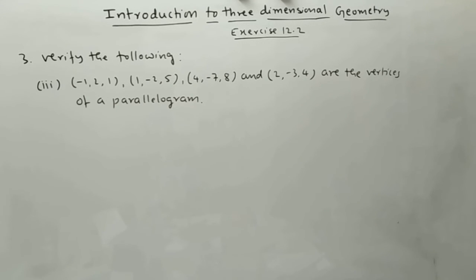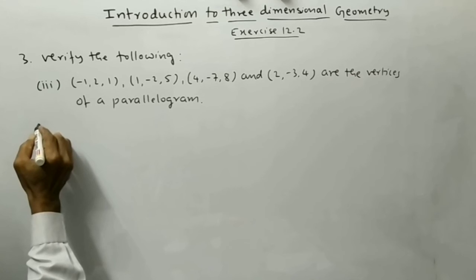Third one. Coordinates of points are -1, 2, 1, 1, -2, 5, 4, -7, 8 and 2, -3, 4 are the vertices of a parallelogram. Solution.